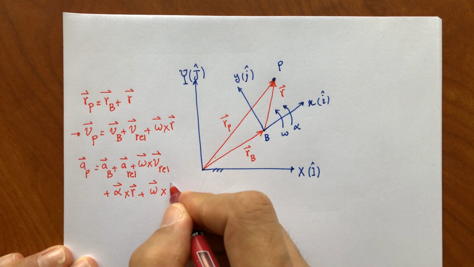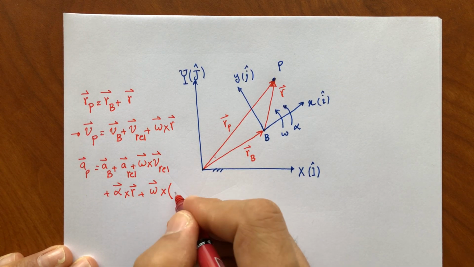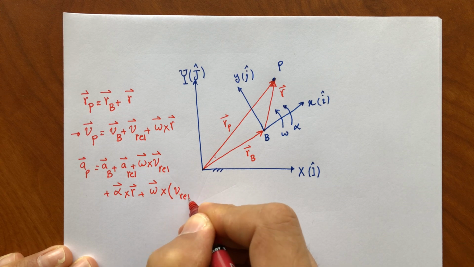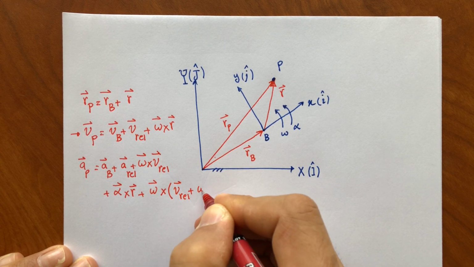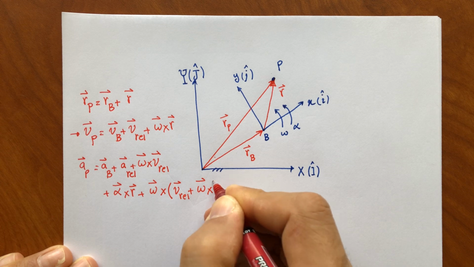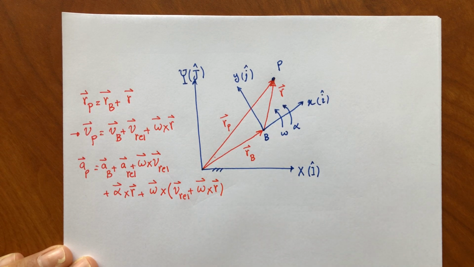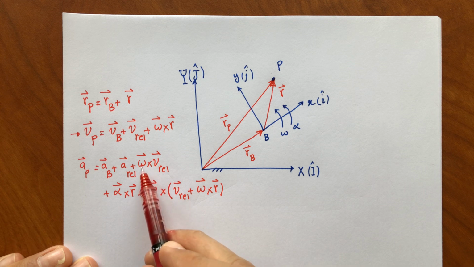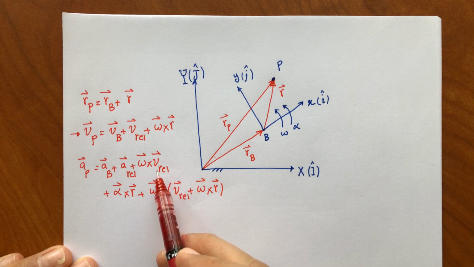And if you remember, we showed the derivative of r is going to be V_REL plus omega cross r, using the same rule. So we need to cross product omega with both of these. If you do that, we are going to have omega cross V_REL here and also another omega cross V_REL here.